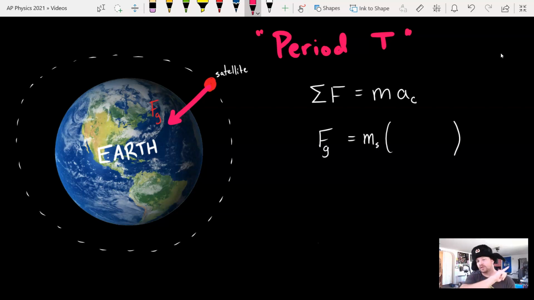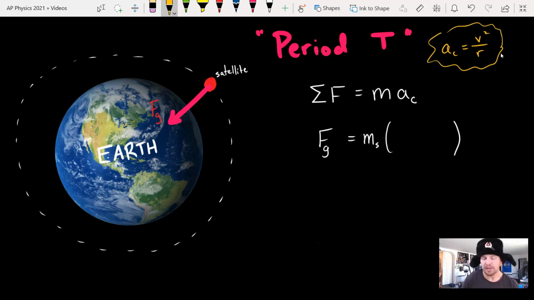The only difference is we're going to use a different expression, because before we used centripetal acceleration is equal to v squared over r, and that doesn't have a period in there for us to solve for. So we need to use centripetal acceleration in terms of period.